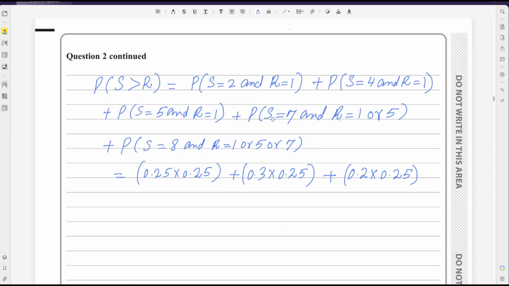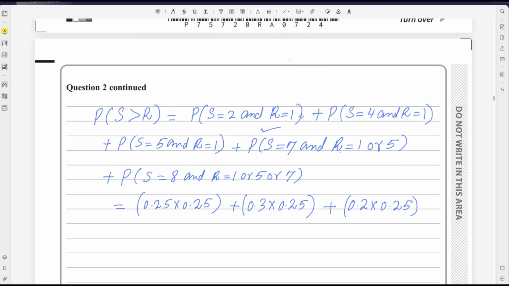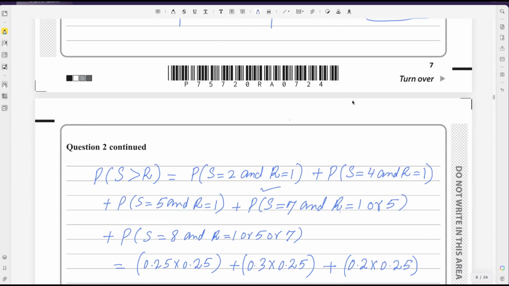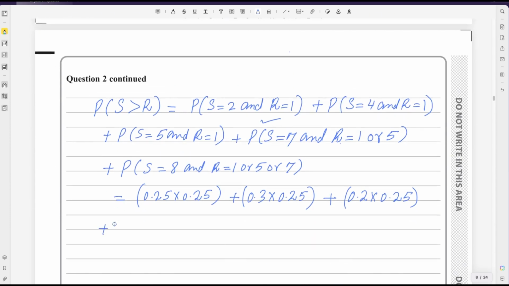Now probability of S equals 7 and R equals 1 or 5. So this point is very important. For S equals 7, look at the diagram. For S equals 7, probability is 0.1. Okay, and 0.1 will multiply, plus 0.1 will multiply by these two probabilities, and we will add these two probabilities because of the word or.